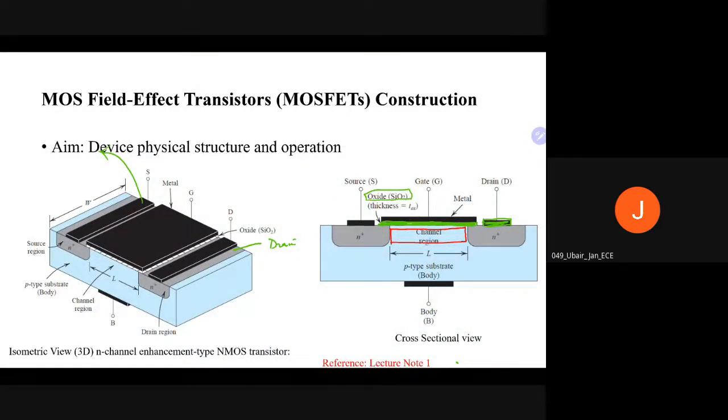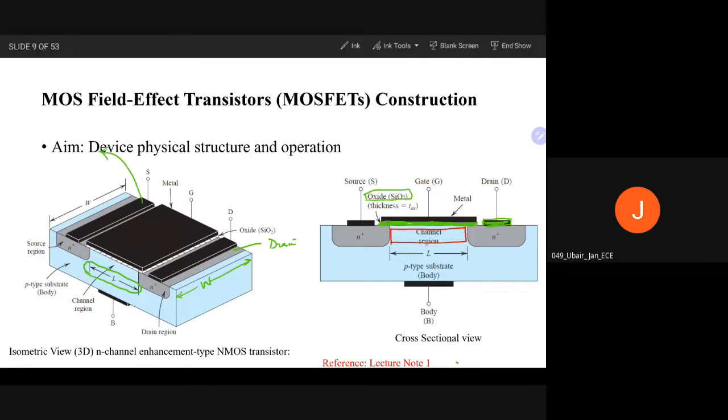So you can see that in the left hand side isometric view or 3D view of this MOSFET, this is the length of the channel. L is the length of the channel. Width of the channel is the width of the device. Width of channel is W, and it is width of device.